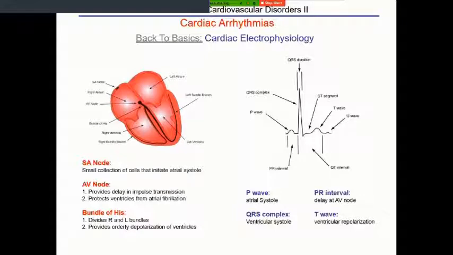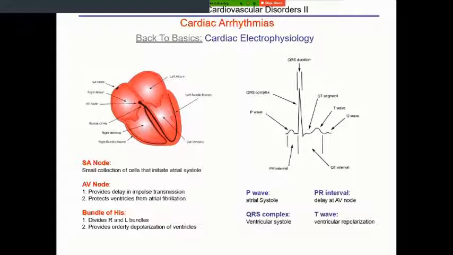And in your AV node, in this junction, you have a structure that is slower than the SA node. It provides delay in impulse transmission to the ventricular system, and it also protects the ventricles from atrial fibrillation.